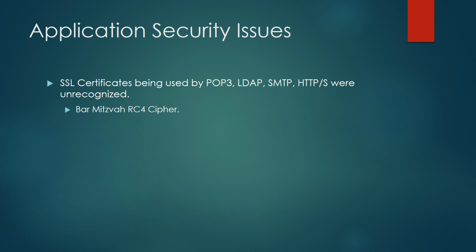What I mean by that is that these were issues such as SSL certificate issues on the POP3, LDAP, the SMTP, HTTPS, and also other issues such as the use of RC4 cipher, and she also had a key that was less than 2048 bits.